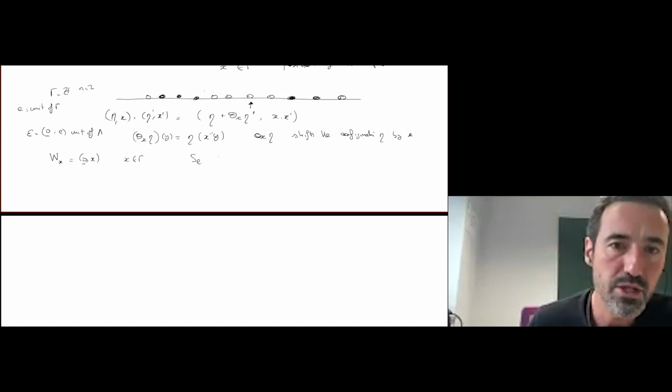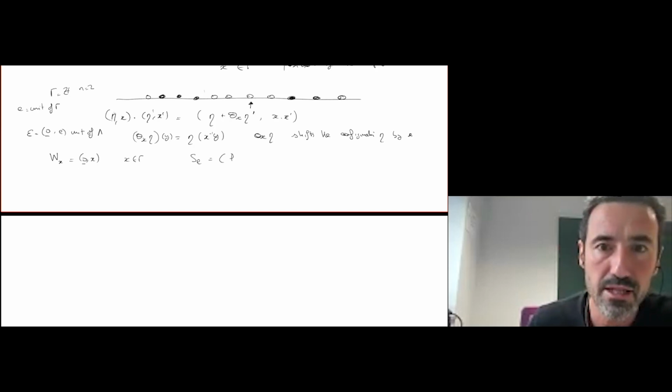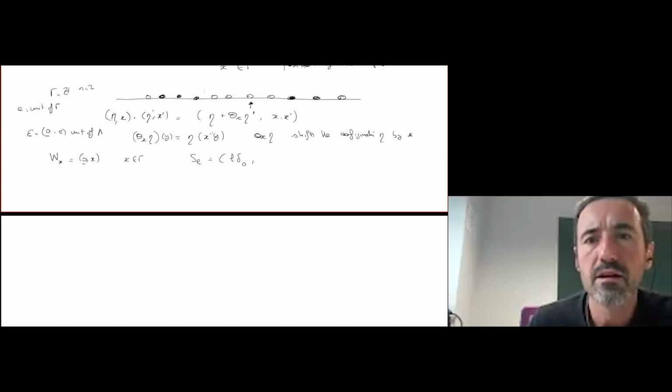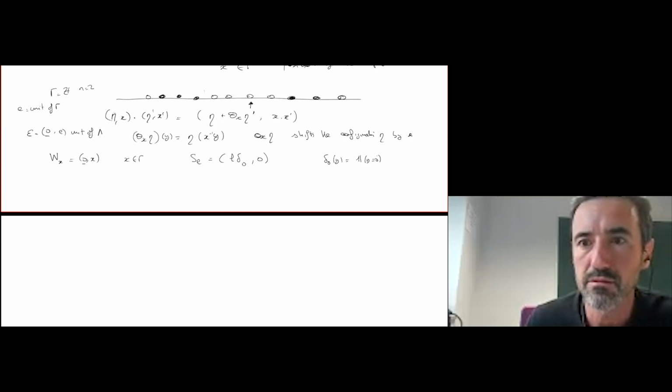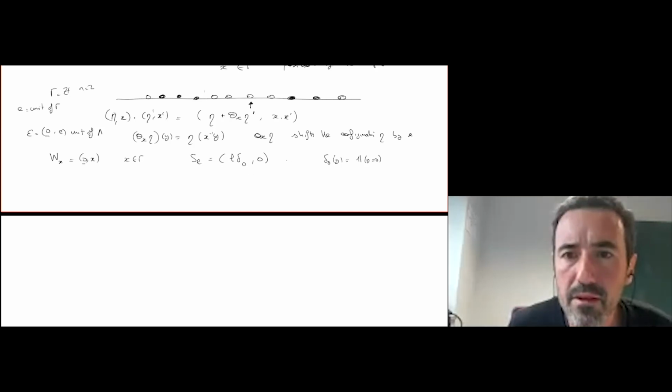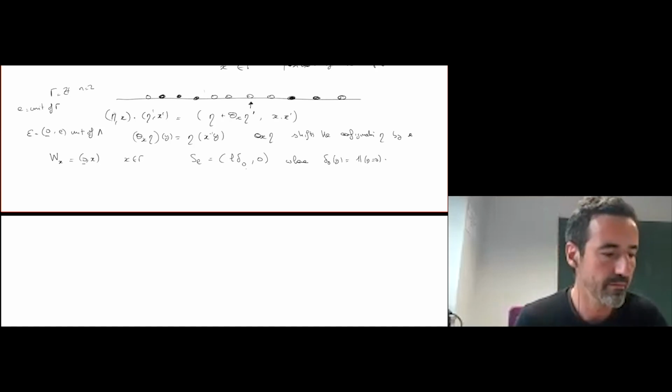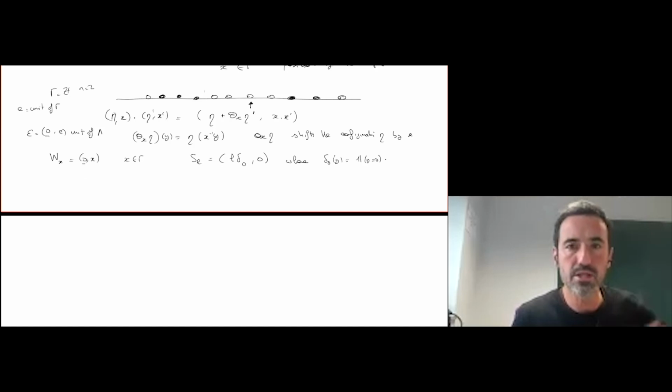And a switch element, which you can write as L, the Dirac mass at 0, where the Dirac mass at 0 is a configuration that is 0 everywhere except at 0. It's the indicator that y is equal to 0. So it's the usual Dirac mass. These two operations generate a group.